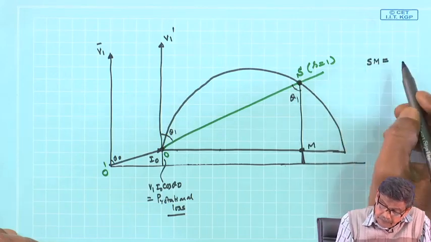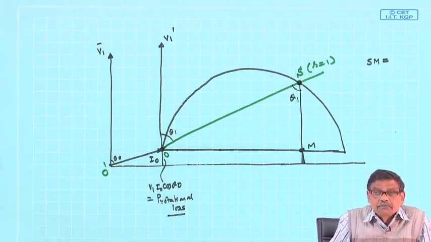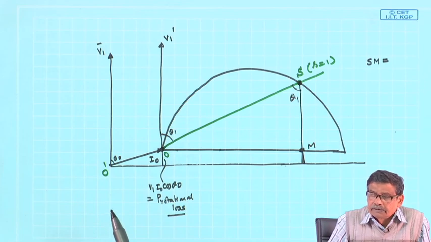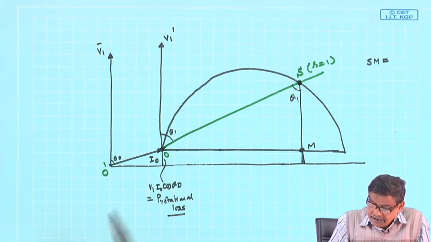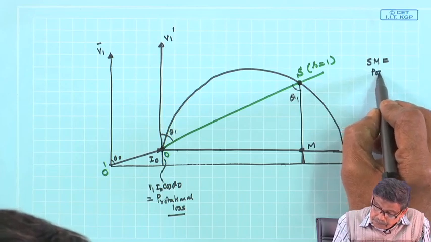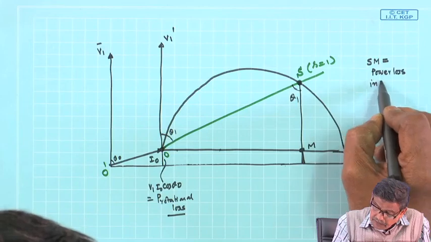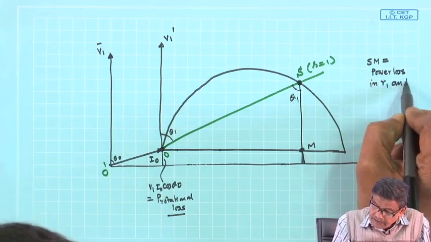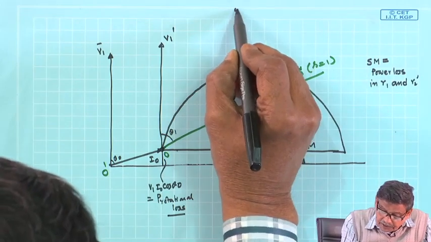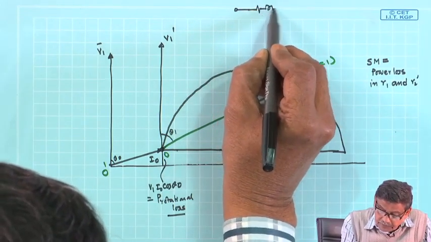is equal to what? Sm can be thought of as the air gap power, or not air gap power. Sm is equal to the power loss in R1 and R2 dashed. Let me draw the equivalent circuit in a small manner, so that I can always refer.